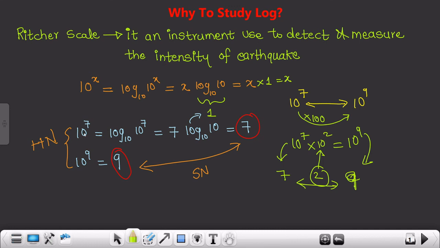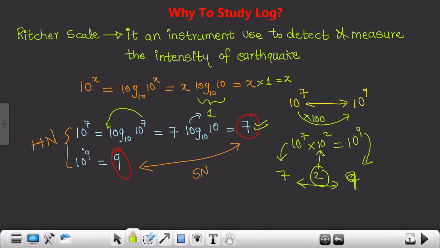So we did a similar thing over here, 10 raised to 7, so here the x was 7, so we applied log to the base 10, and then this 7 came over here, and the value of log to the base 10, 10 is 1, so that's why we end up getting the value as 7.